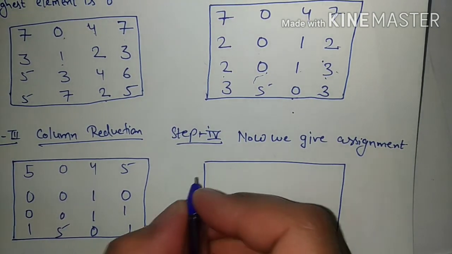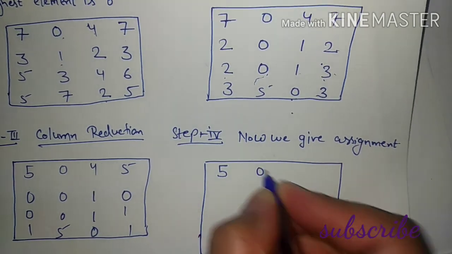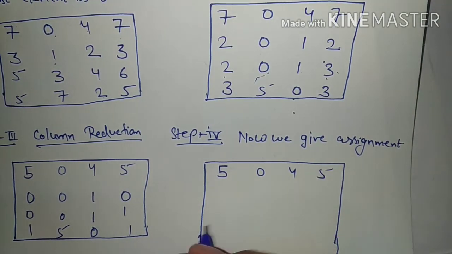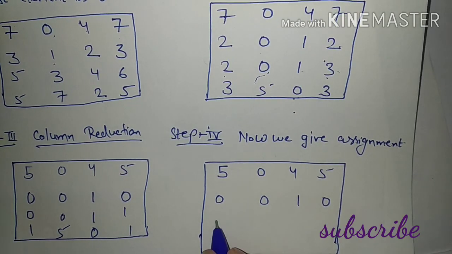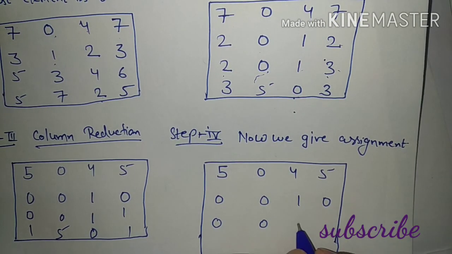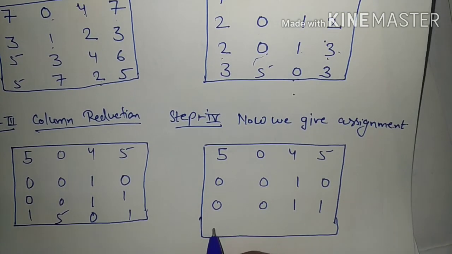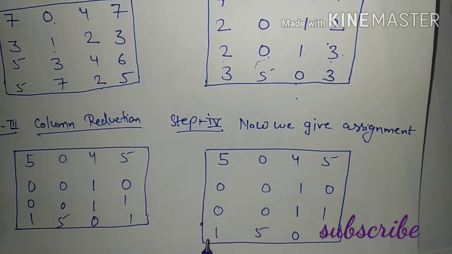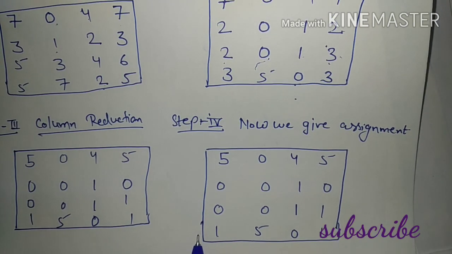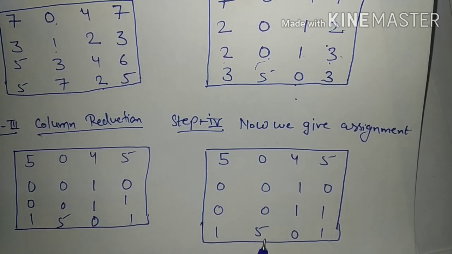I am writing this matrix here: 5 0 4 5, 0 0 1 0, 0 0 1 1 and 1 5 0 1. In step number 4, we scan rows and columns.